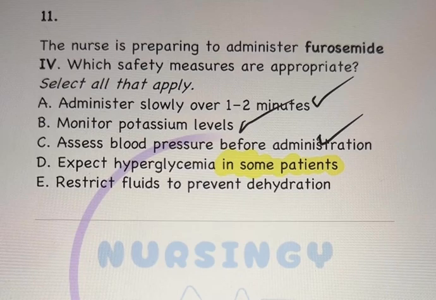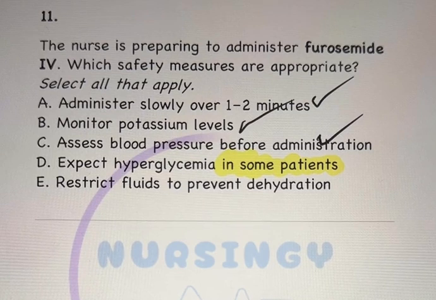Can we expect hyperglycemia? Yes, guys, we can expect. To release the insulin, what do we need? That is related to this medication.